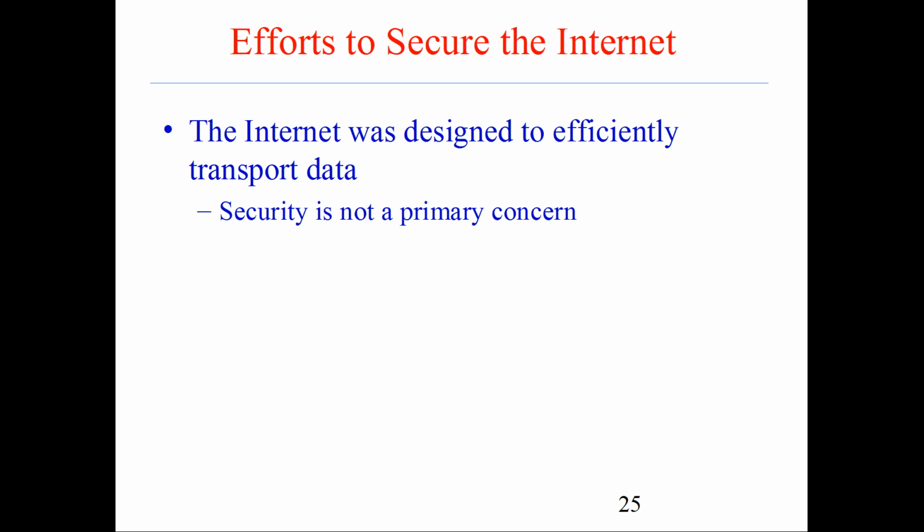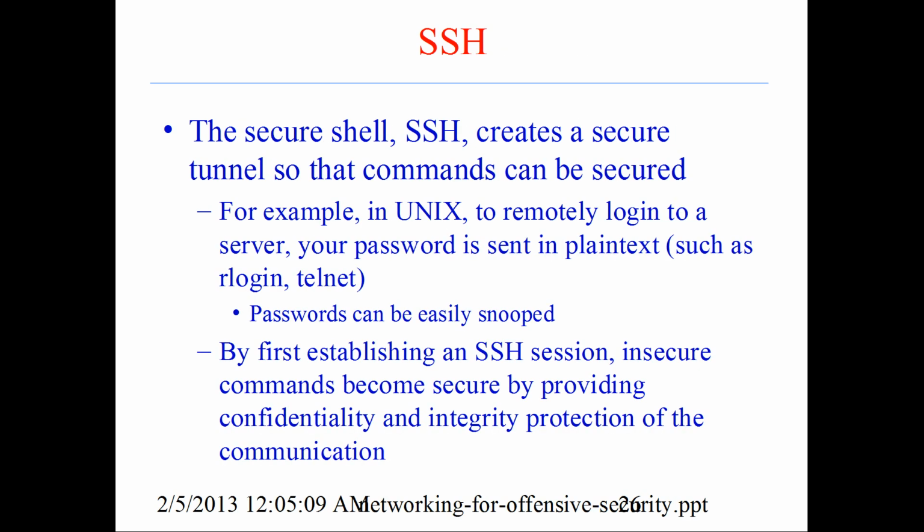But nonetheless, all efforts to secure the internet are really reactionary because the internet was not designed with security in mind. It's all just designed to efficiently transport data from point A to point B.